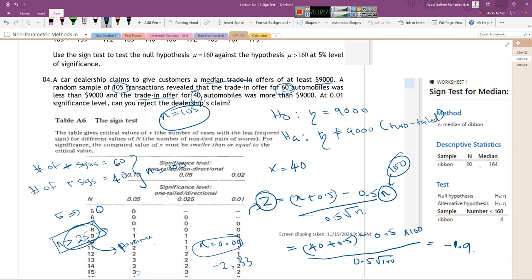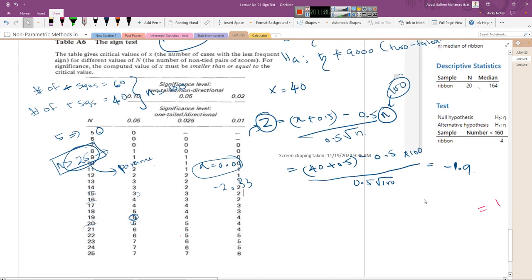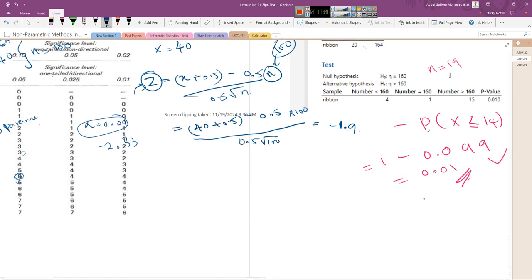So here, if you take the absolute value, mod of z is equal to 1.9, which is less than the critical z value, right?